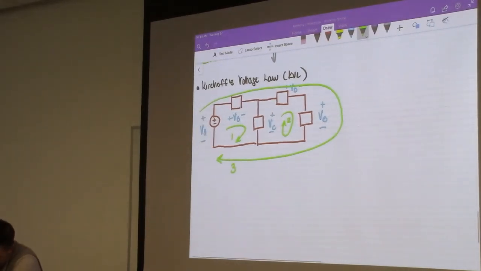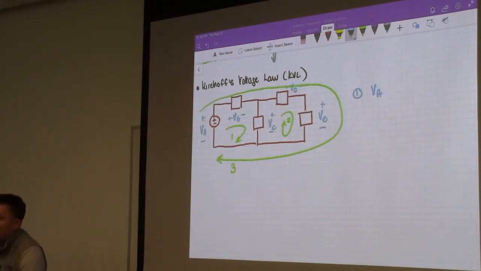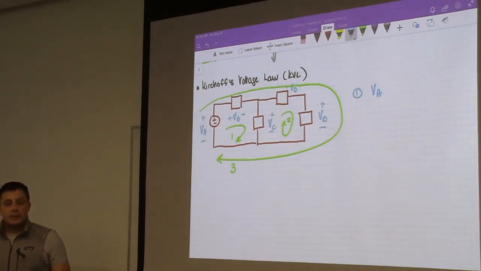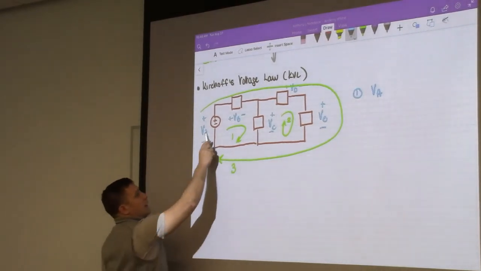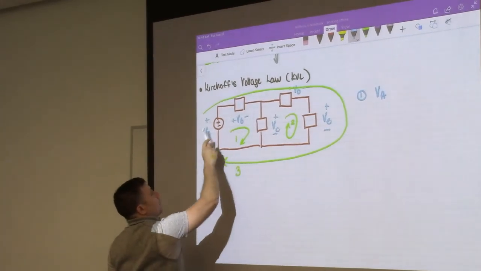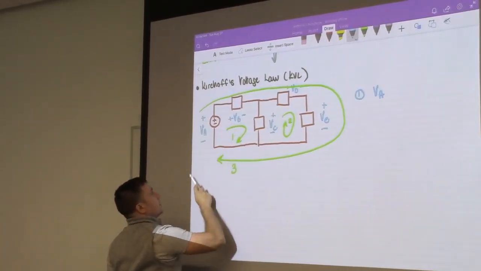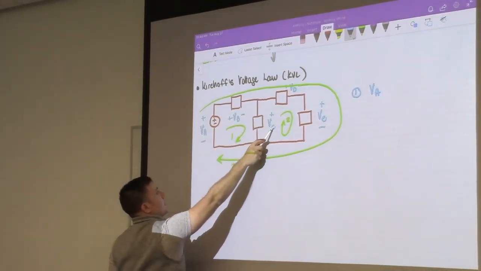So if we were to write it out, if we're looking at loop number 1, VA, and so when we're writing out KVL, we have to pick a referential direction. So if we're going to sum these all together in this loop, they have to have the same polarity. So if we're picking this polarity as positive, that means it will be VA minus VB minus VC.